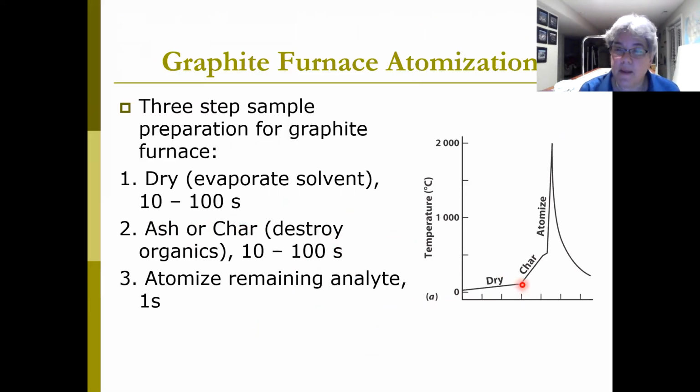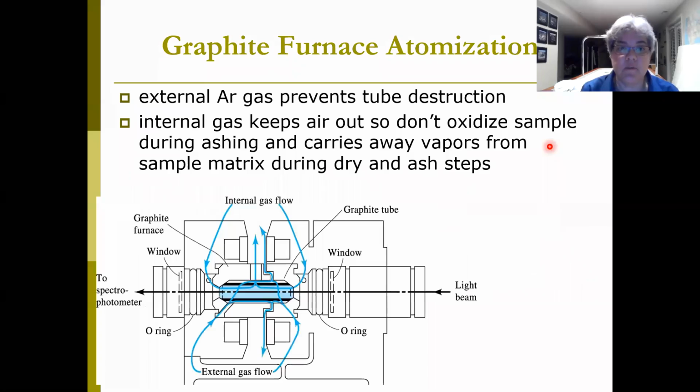Then I increase the temperature to maybe 500 degrees. And what this will do is destroy any organics. All the carbon gets burned up in your sample. And then finally, I take the temperature all the way up to maybe 2,000 degrees, maybe hotter, very quickly. And that will then atomize your sample. So we have these 3 steps that we do.